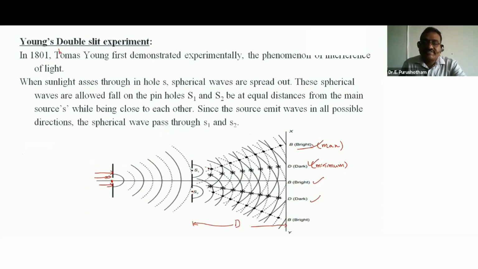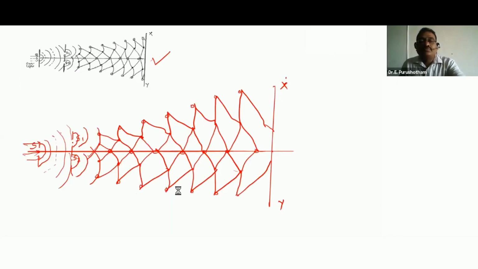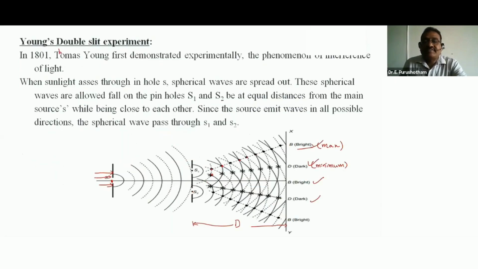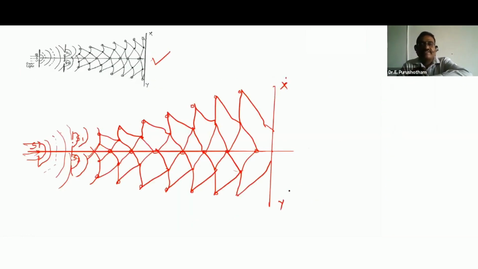This dot represents a dark fringe, this represents a bright fringe. So we observe alternate bright and dark fringes. This is the interference pattern in Young's double slit. We can draw it like this.